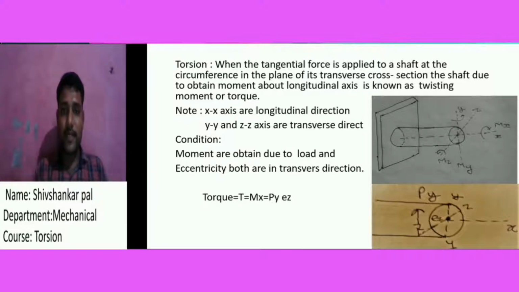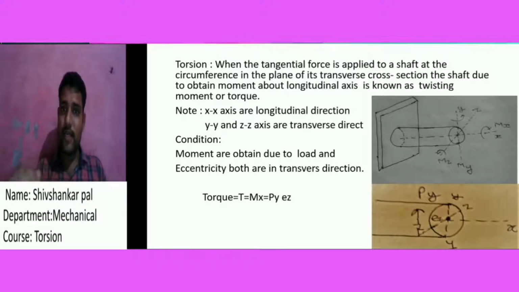Do you know what eccentricity is? Suppose a load is applied at the center of an object; that is known as normal loading. But if I apply the load at some distance from the centroid, that distance is known as the eccentricity, because the load does not act on the centroid of the object.